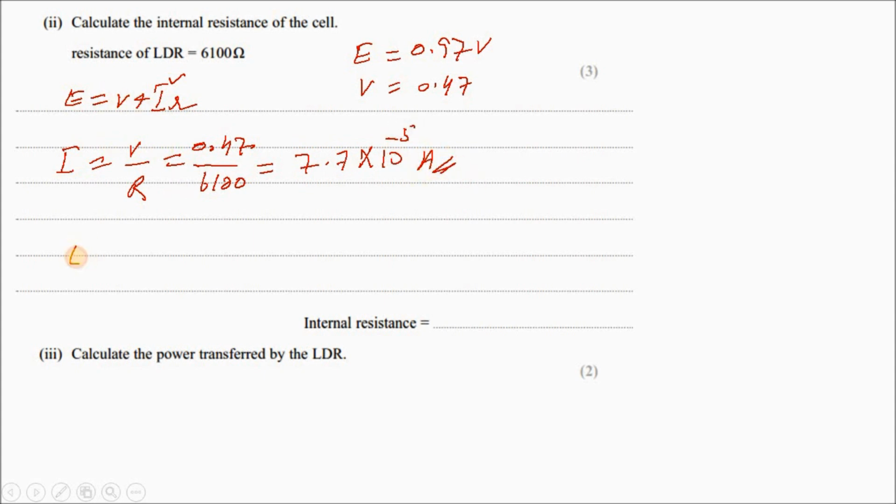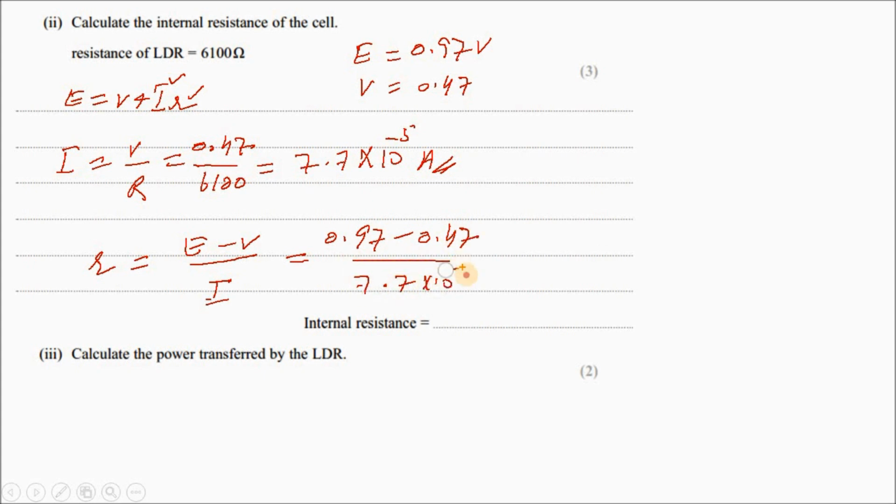Now E is, it's better to write for internal resistance. So internal resistance, if you rearrange from here, will be r is equal to E minus V divided by I. So 0.97 minus 0.47 divided by 7.7 × 10 to the power minus 5.